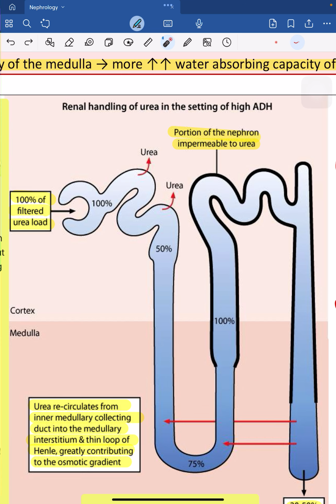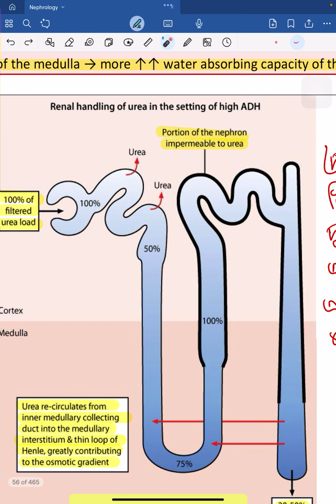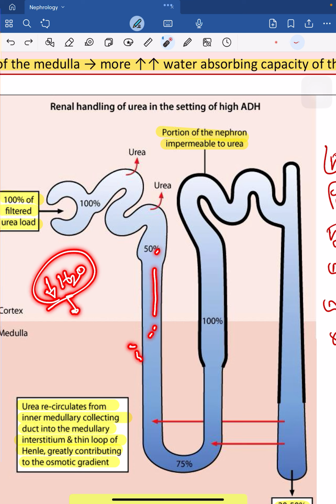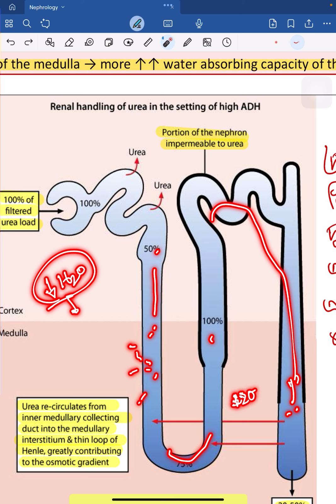When a person is dehydrated, he cannot take water, and there is decreased water in the body. So when water is absorbed in this area, and it comes to this area, this interstitium is of very high osmolarity, and think of urea presence here, think this is osmolarity of 500.